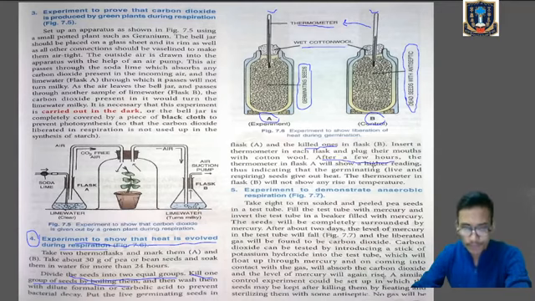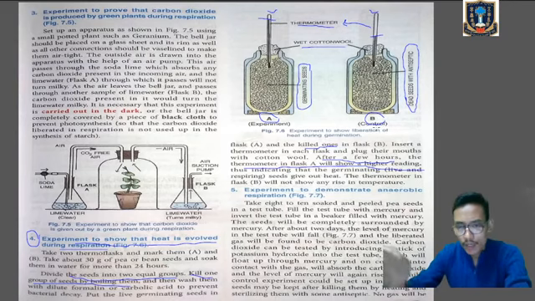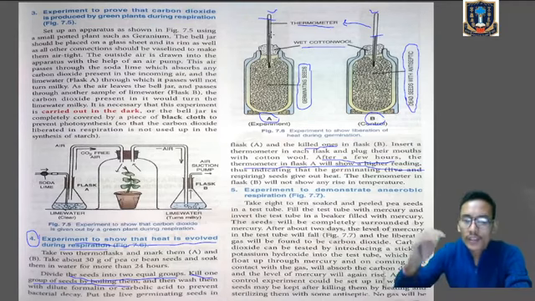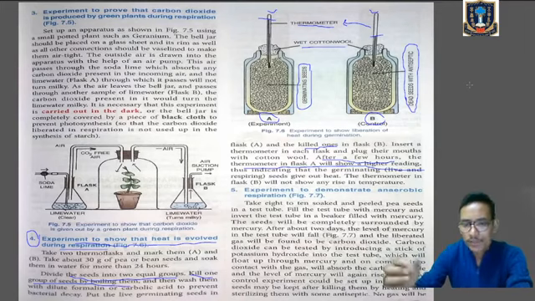Our observation will be that the thermometer in flask A will show a higher reading. You can look over here: this is the reading in flask B, and this is the reading taken after a few hours in flask A. When you look at the readings in flask A and flask B after a few hours, you can see that the reading in flask A has increased, whereas the reading in flask B has not.